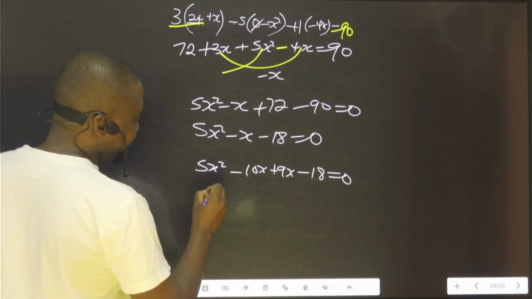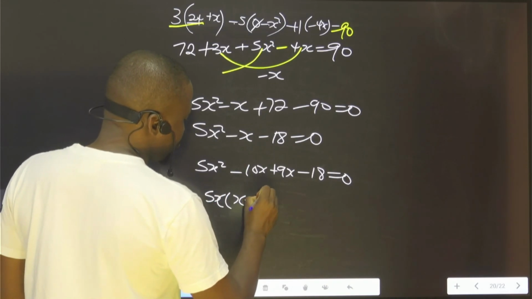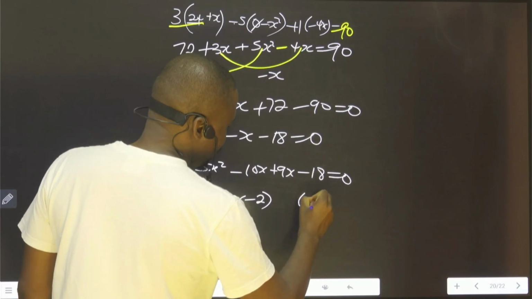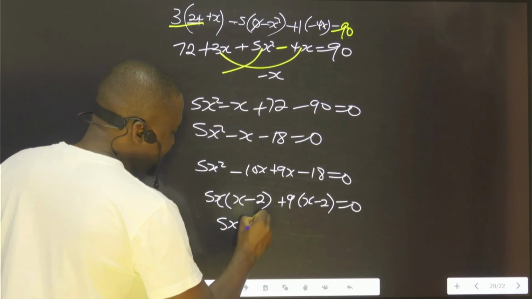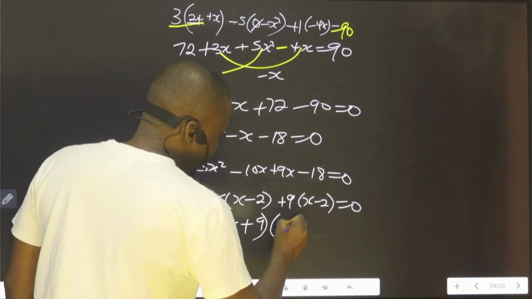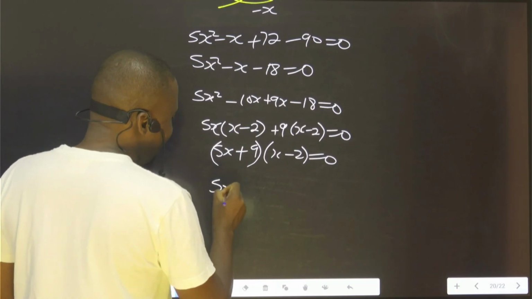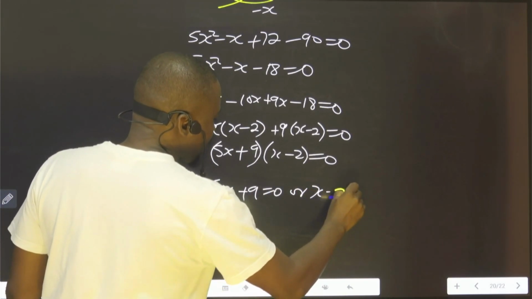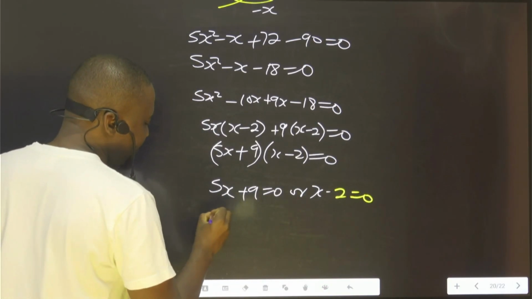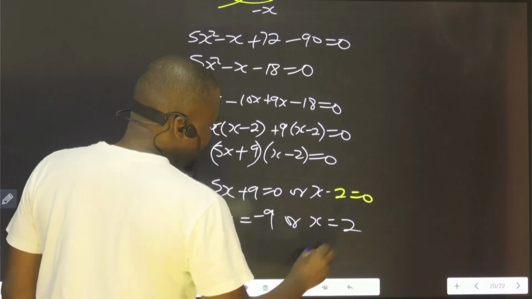This will give us 5x, x minus 2, plus 9, x minus 2 equal to 0. We're going to have 5x plus 9 equal to 0, or x minus 2 equals to 0. This will give us 5x equals to minus 9, or x equal to 2.